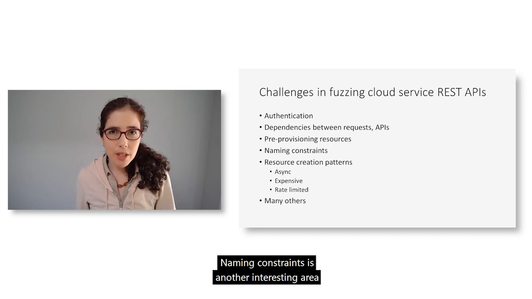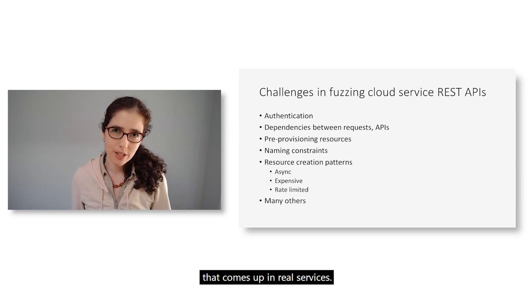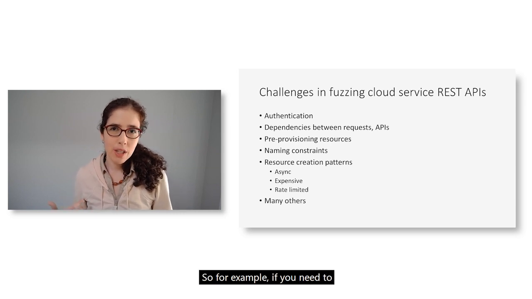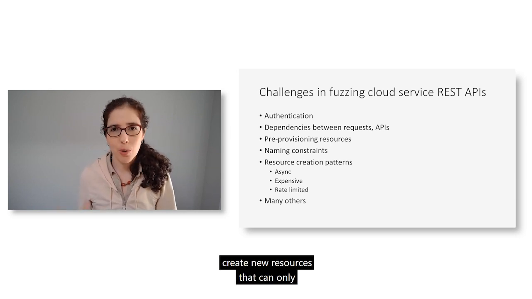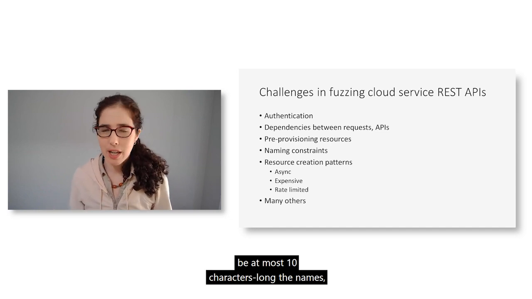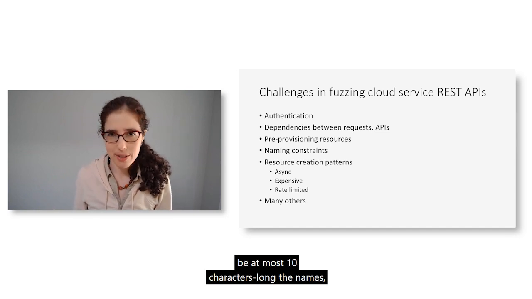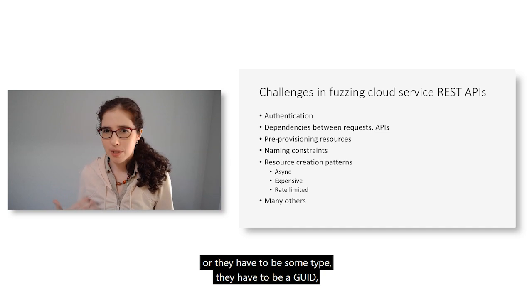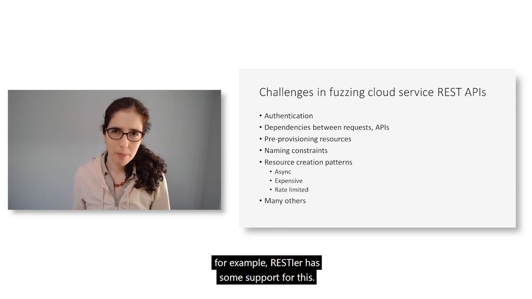Naming constraints is another interesting area that comes up in real services. So for example, if you need to create new resources whose names can be at most 10 characters long, or they have to be some type, a GUID, for example, RESTler has some support for this.